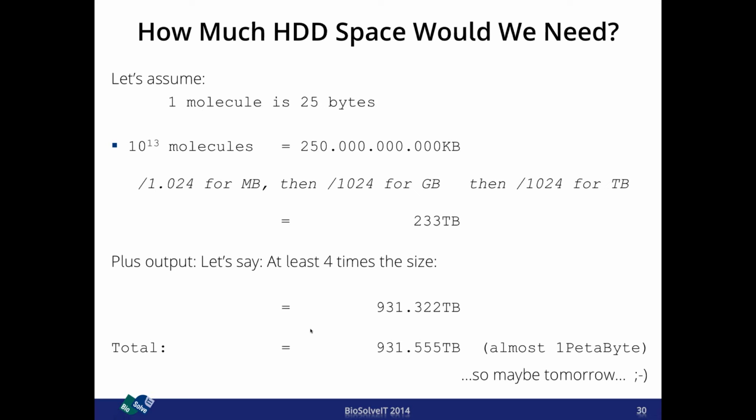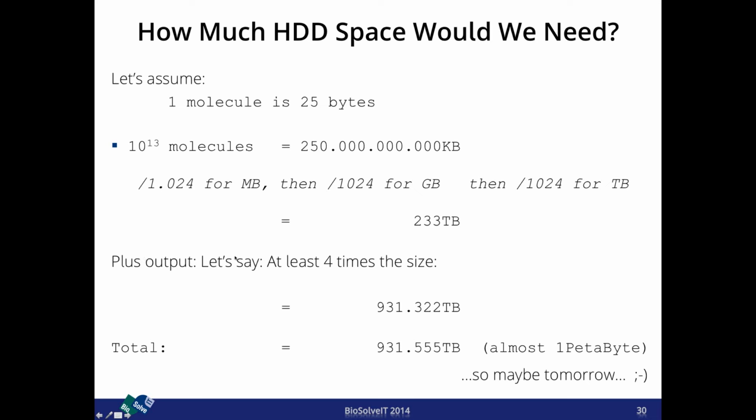How much hard disk space will we actually need? Let's just assume one molecule is 25 bytes. That should be roughly the size of storage that we need for a 2D molecule to be stored. So for 10 to the 13th molecules, we would need 250 billion kilobytes. Divide by 1024 for megabytes, gigabytes, terabytes, and so on, we would arrive at 233 terabytes.